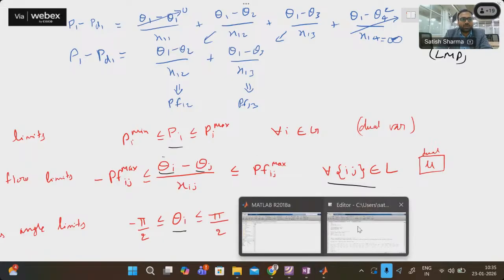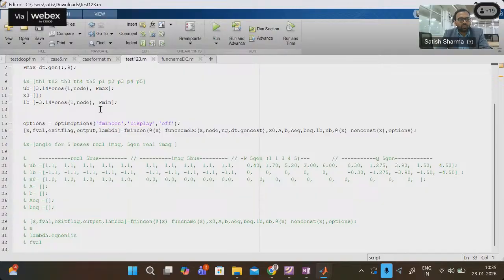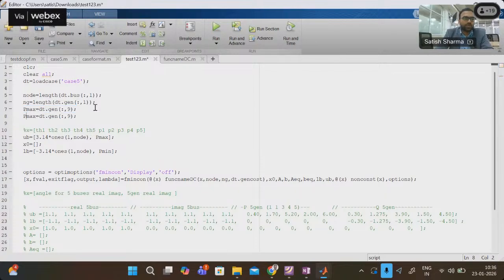Now let me go back here. I have to define P min as well. So controls. This is P min. Okay, so this is the minimum value which we are going to need.